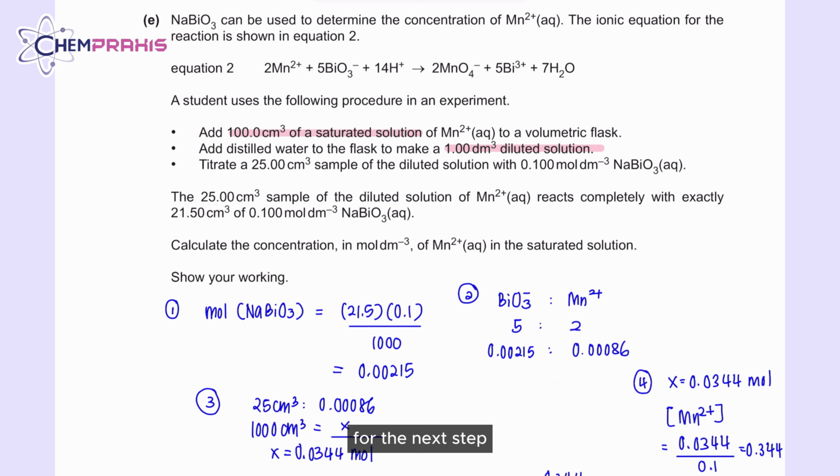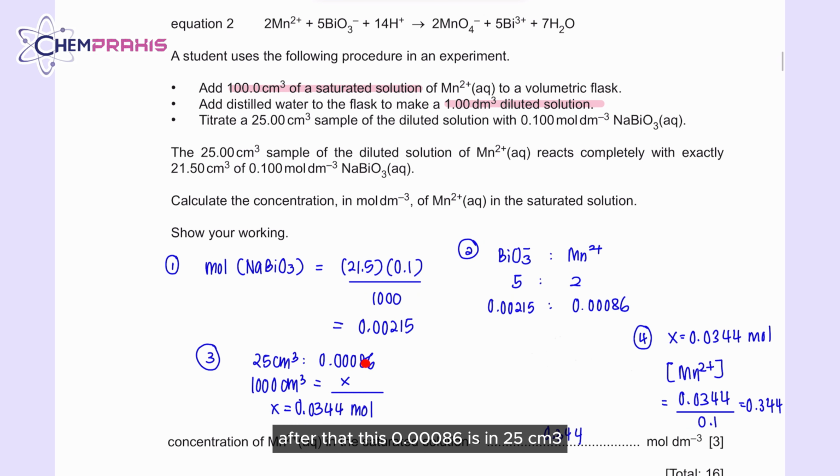For the next step, we need to find the number of mole of this Mn2+, because according to the ionic equation, the mole ratio is 5:2. Basically, we can use the mole ratio. In the ratio of 5, we have 0.00215. So in the ratio of 2, we have 0.00086. After that, this 0.00086 is in 25 cm³.